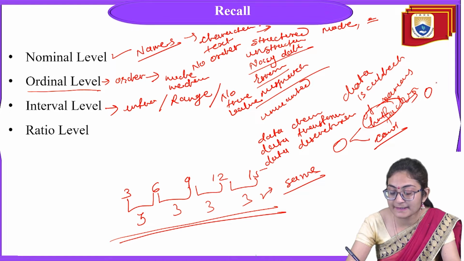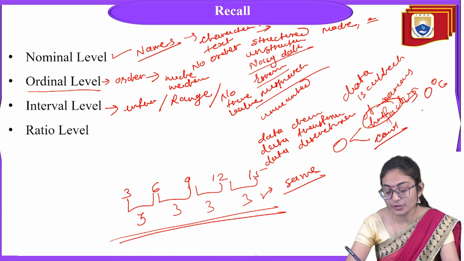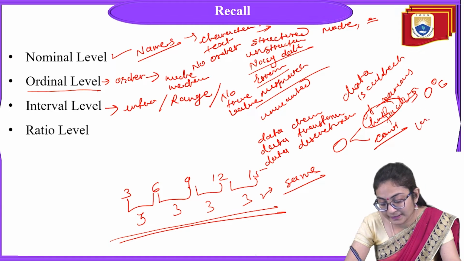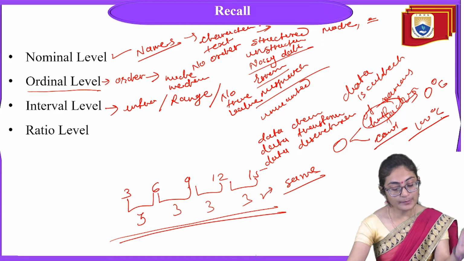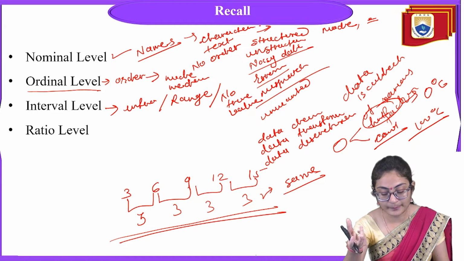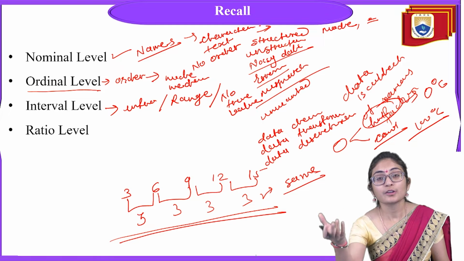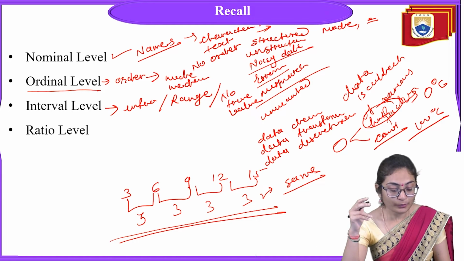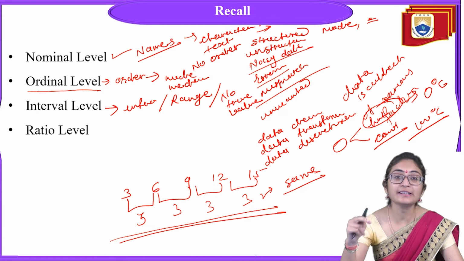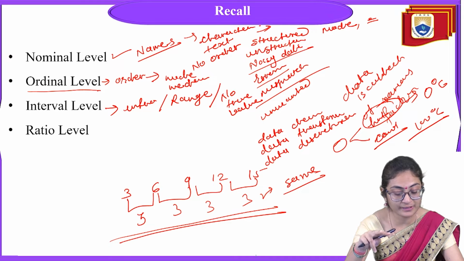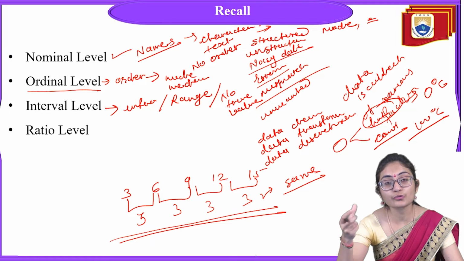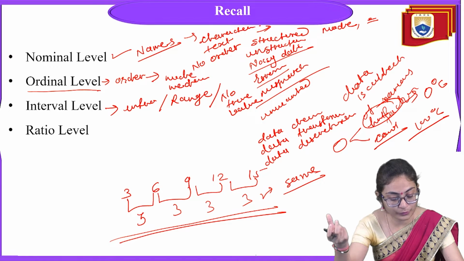We can say there is a 0 degree temperature, and we can say 100 degrees temperature. That means there is something. We can't say there is nothing in values. So this is about the interval level. In interval level, we always show some range of the data, even though there is no true zero value.